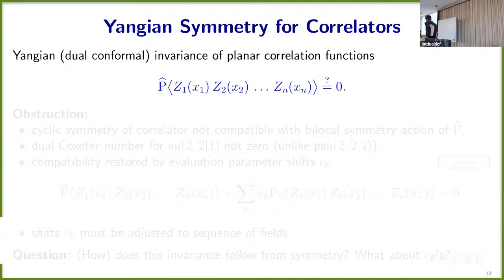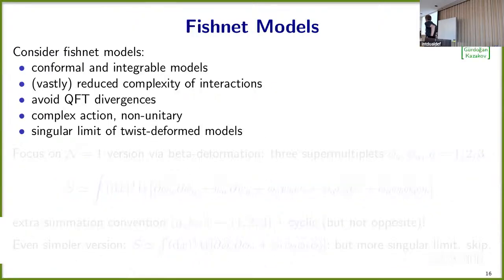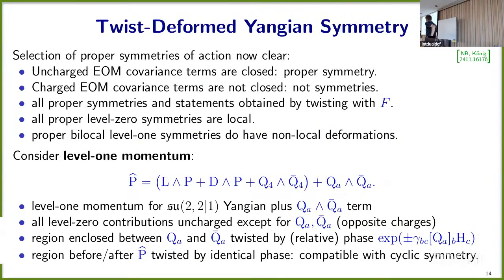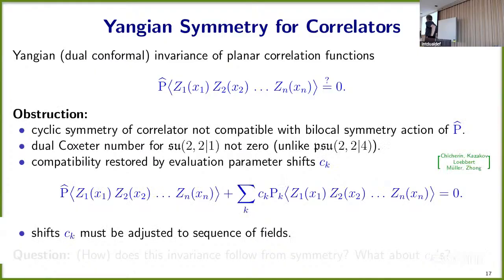Then the question is, it's translation invariant, so the level 0 momentum generator would annihilate this, of course, but what about the level 1 translation generator, where you basically apply this rule to act on two fields within the correlator? Is that a symmetry?